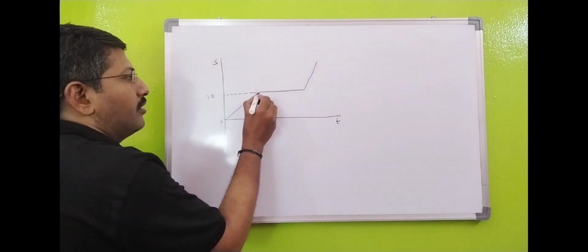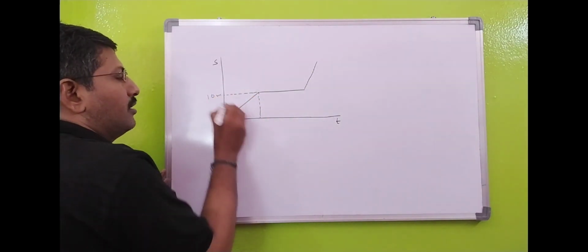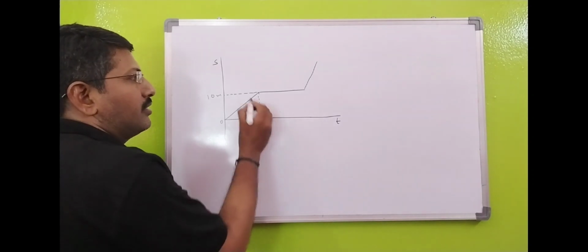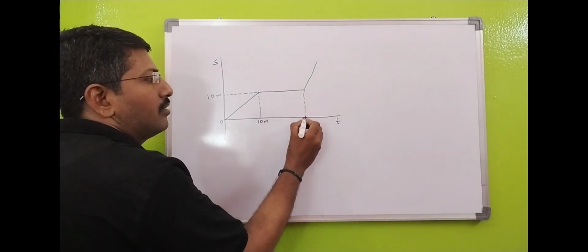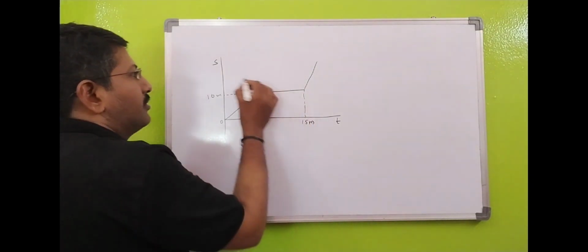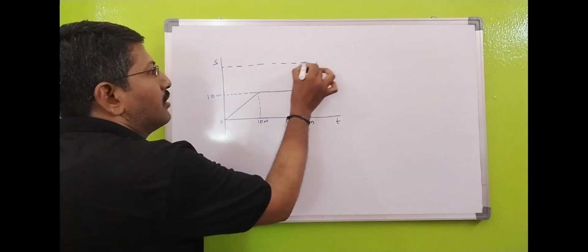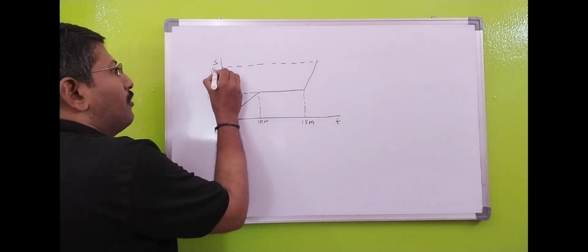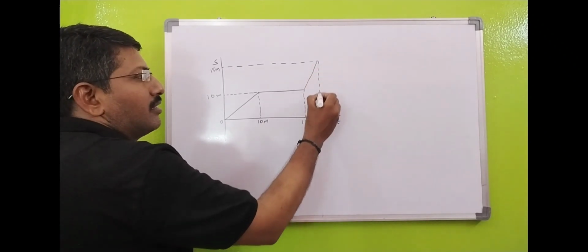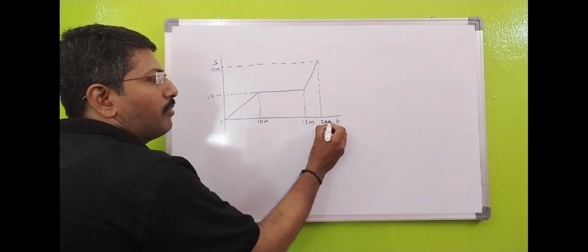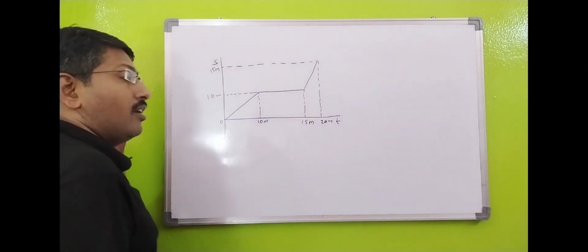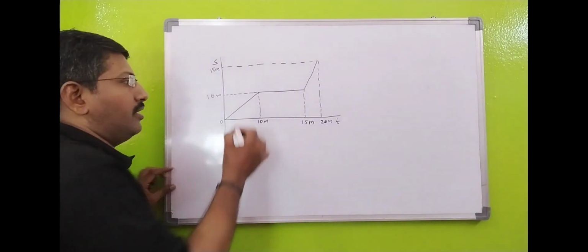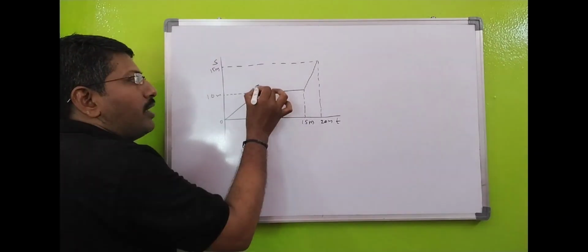This is also 10 meter. 15 meter. This is the 15 meter. This is the 20 meter. Now they are asking the question, what is the velocity from O to A, A to B and B to C?